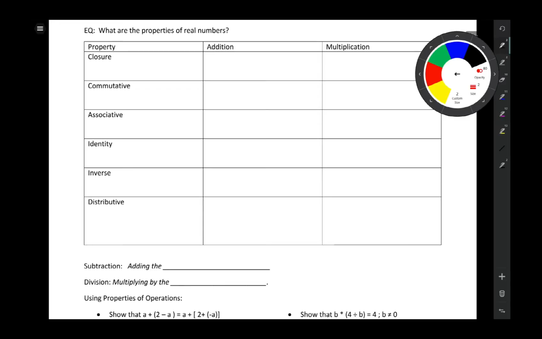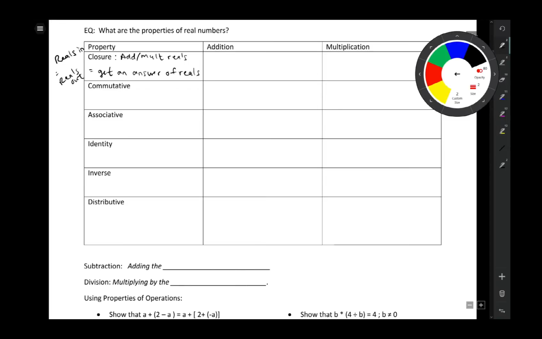So closure, all it means is if you add or multiply two real numbers, you get an answer of reals. Okay, reals in equals reals out.